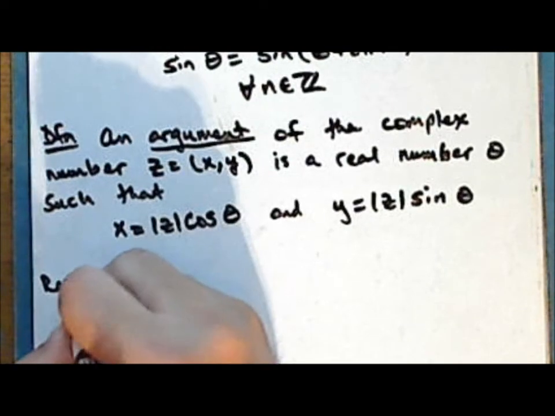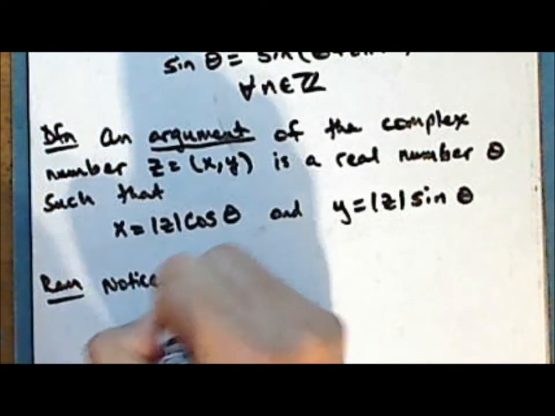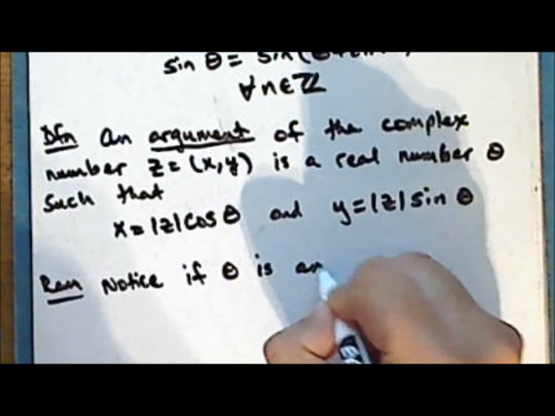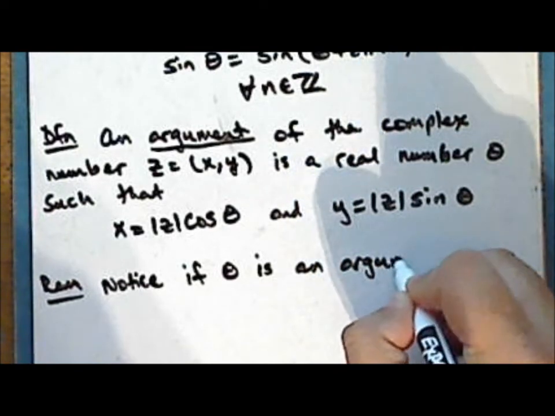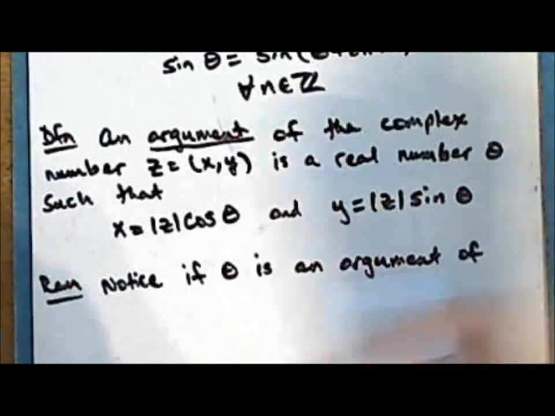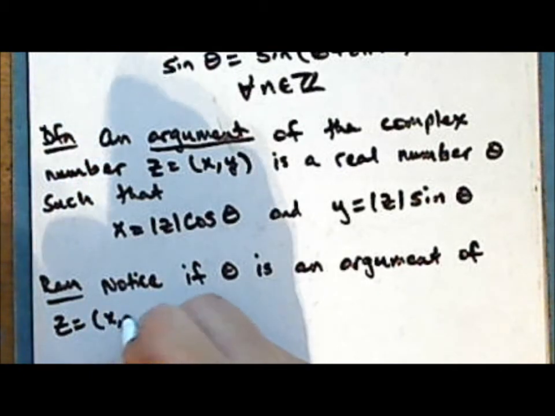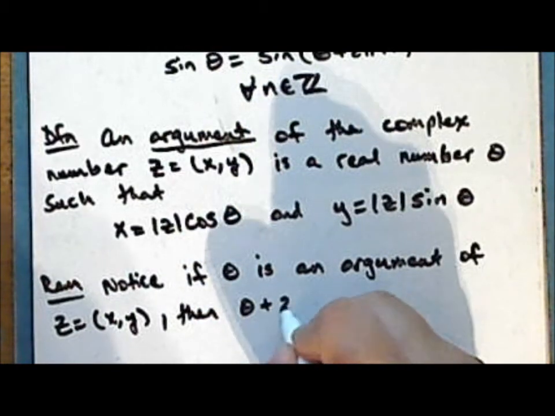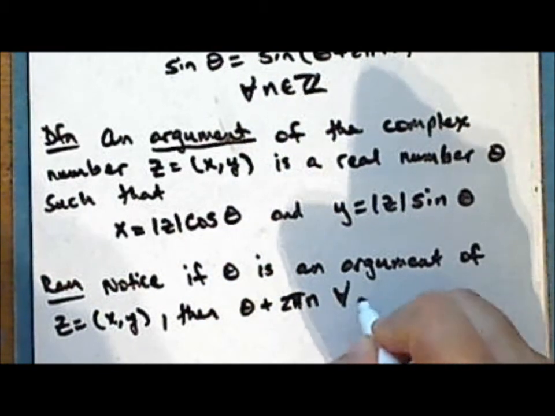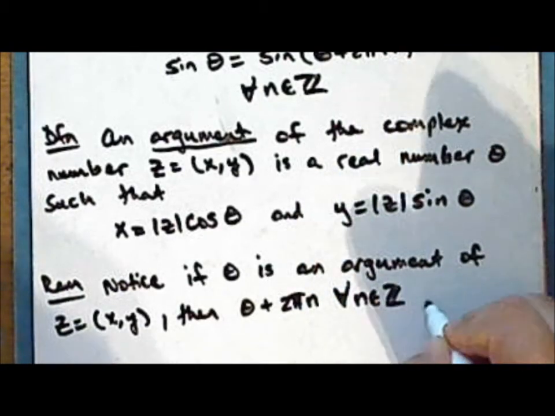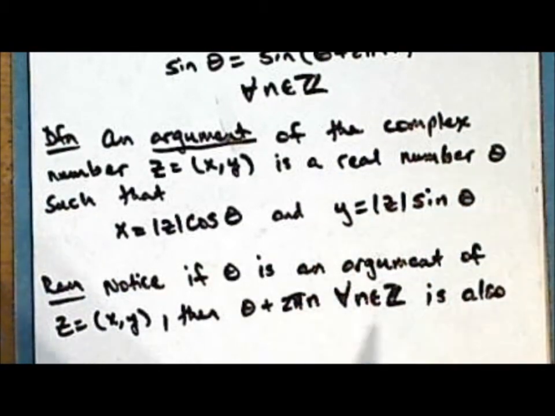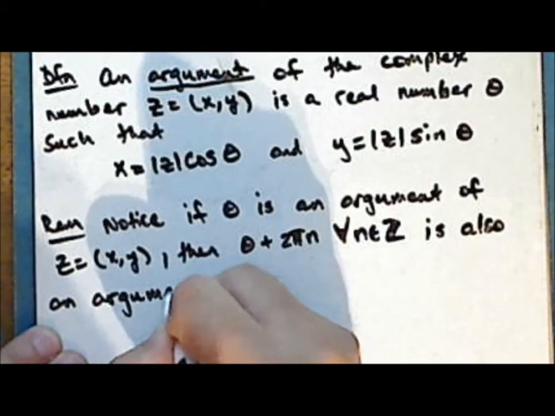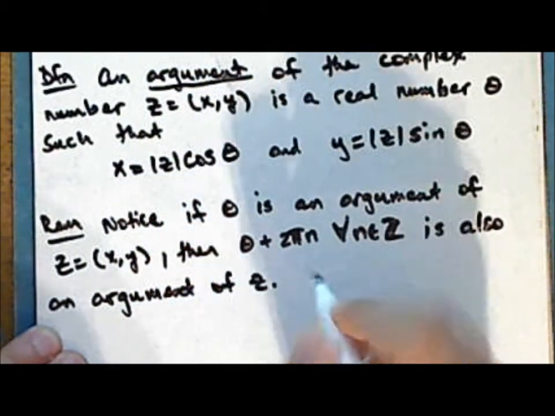So notice that if theta is an argument of the complex number z, then theta plus 2 times pi times n for every choice of integer n is also an argument of the complex number z.